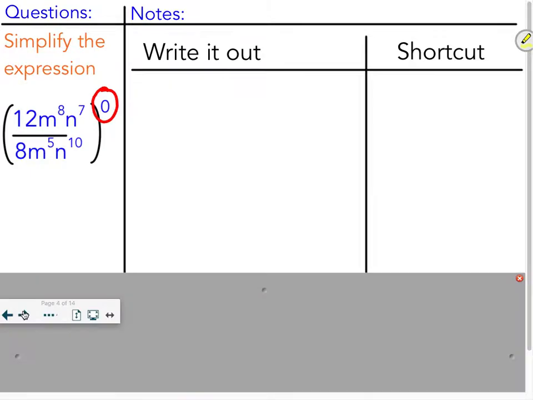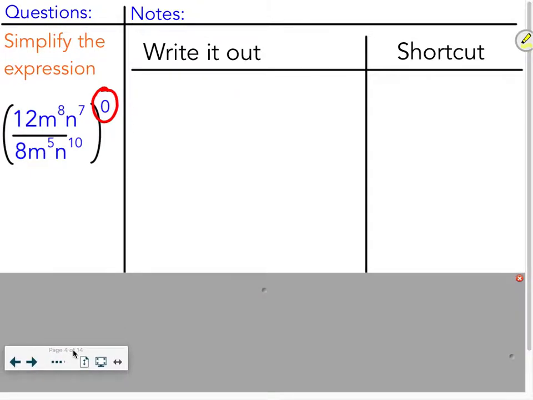So if my entire problem is raised to the power of 0, my answer is just 1. So no matter what, write it out or shortcut, I don't have to do anything. I'm automatically just going to get 1.